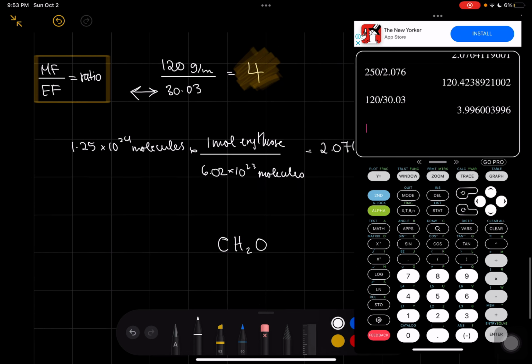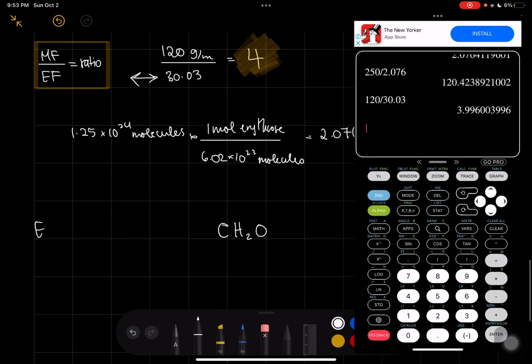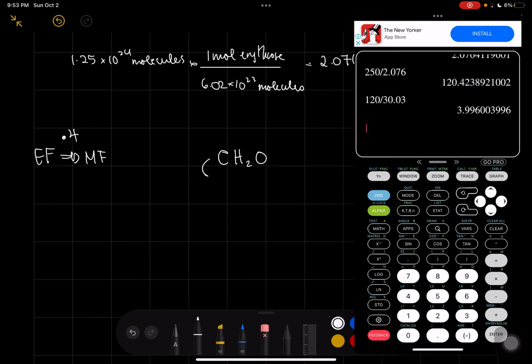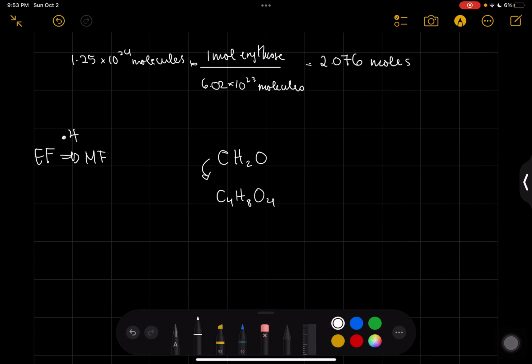So to go from empirical to molecular, we must multiply by a ratio of 4. So this C times 4 is C4, H2 times 4 is H8, and O times 4 is O4. And there you have it. There is our molecular formula of erythrose.